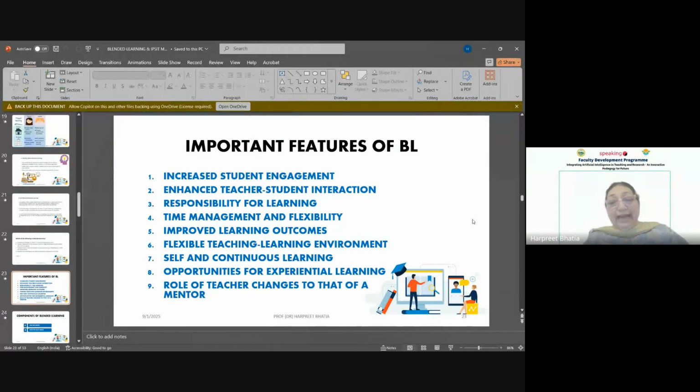There is greater time management and flexibility because the student feels responsible. There are improved learning outcomes because of greater engagement, a flexible teaching-learning environment, continuous self-learning, opportunities for experiential learning, and the role of the teacher changes to that of a mentor.